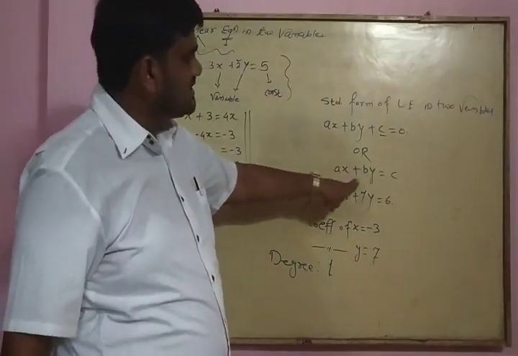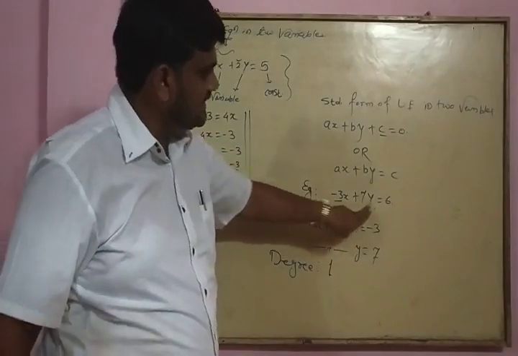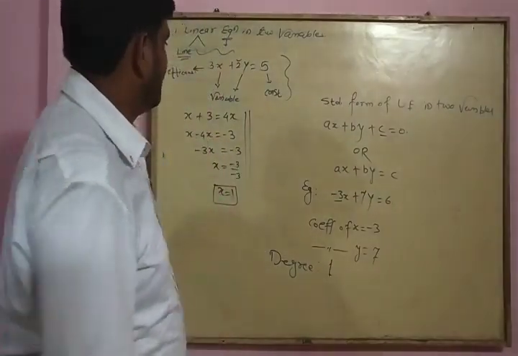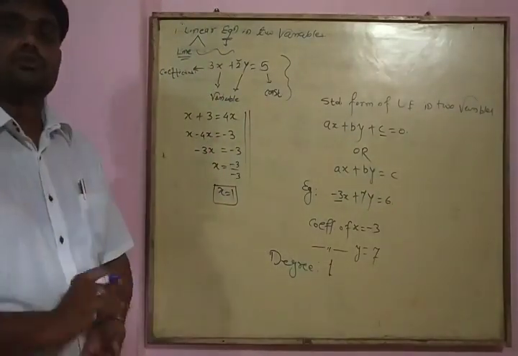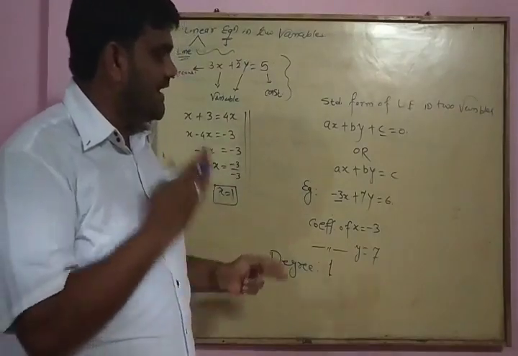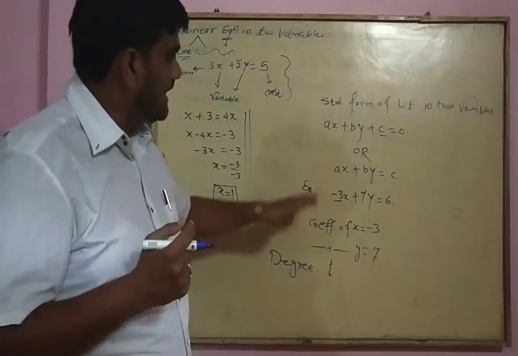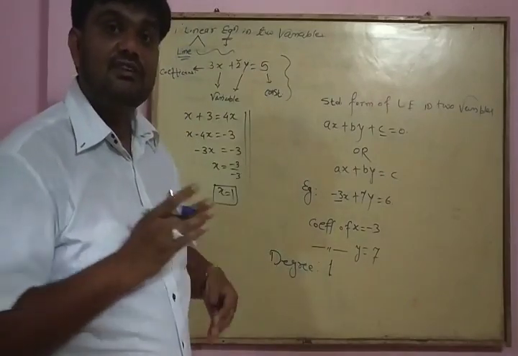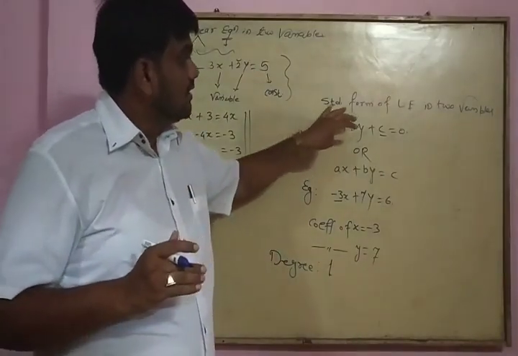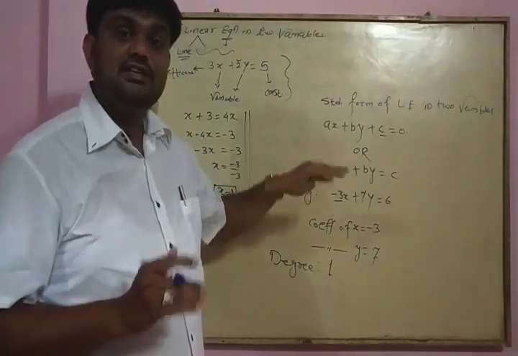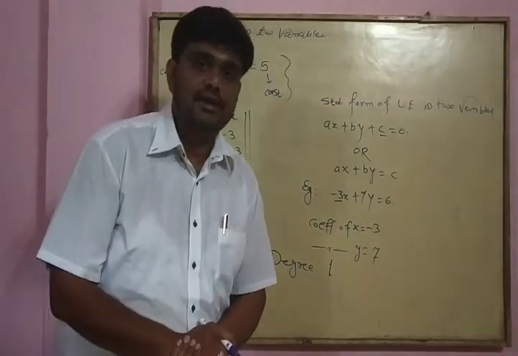Here it is degree 1, here it is also degree 1. So an equation having degree 1 and having a graph that is a line is called a linear equation in two variables.